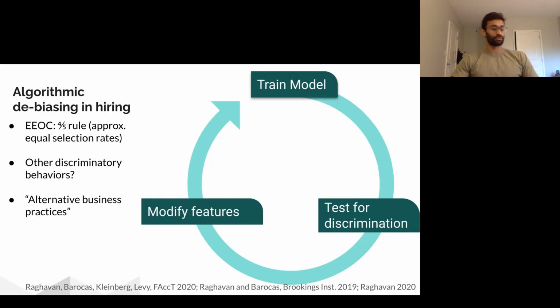But basically what the law says is you should have approximately equal selection rates. Now, what these firms will end up doing then is you train a model and you test for discrimination. So you test to see if this constraint is violated. And if it is, you simply remove features from the model or you downweight them in some way and retrain the model until you get one that actually satisfies this test.